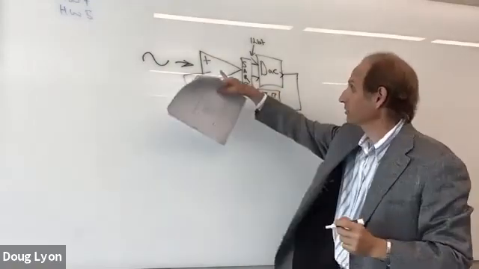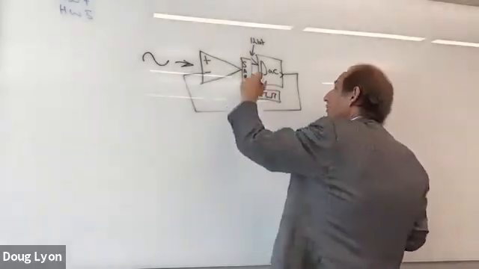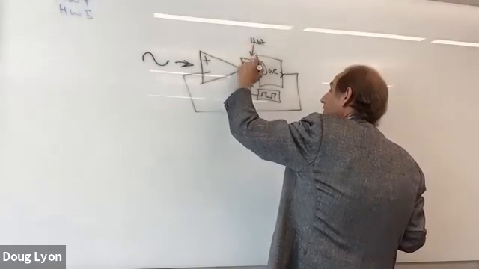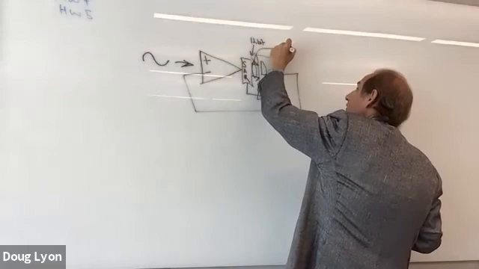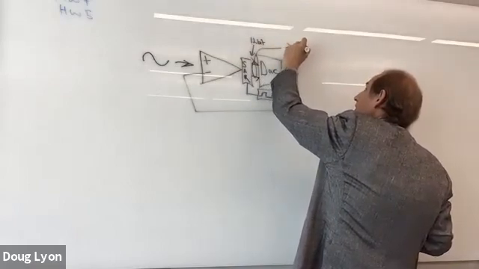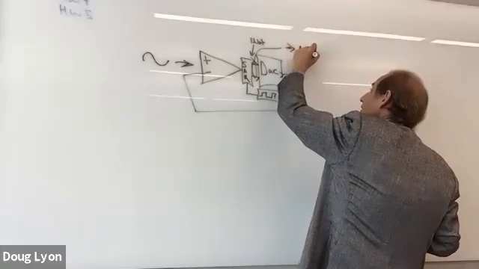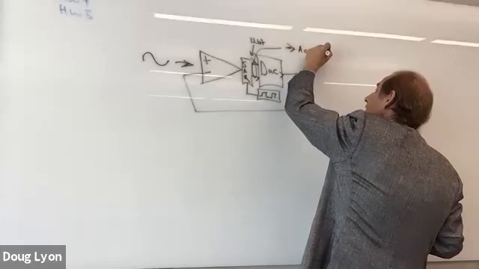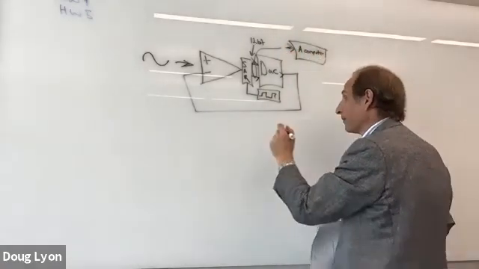And all we can do is choose whether it counts up or down. And what we can do is latch the output of the counter from here and feed it into a computer. So that's a successive approximation A to D converter, right?